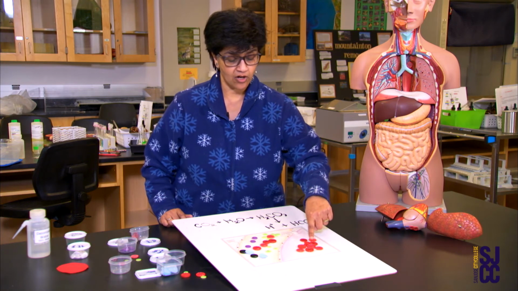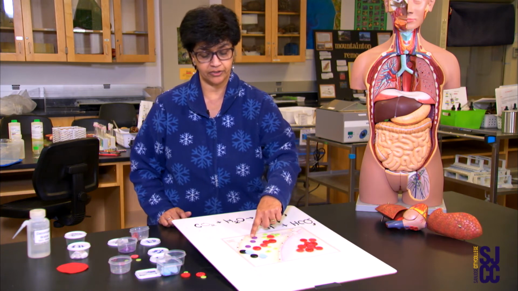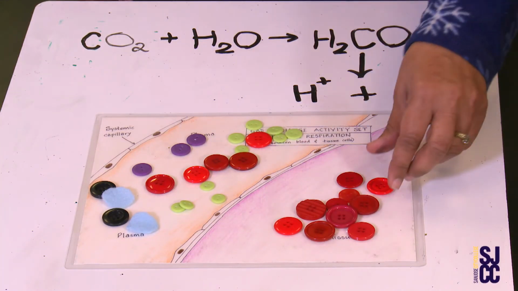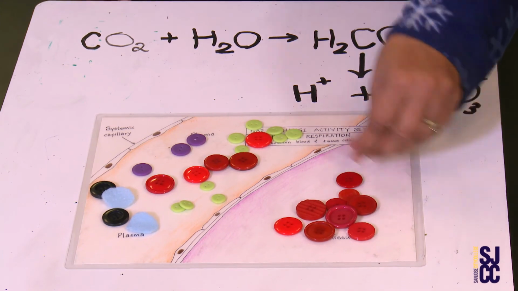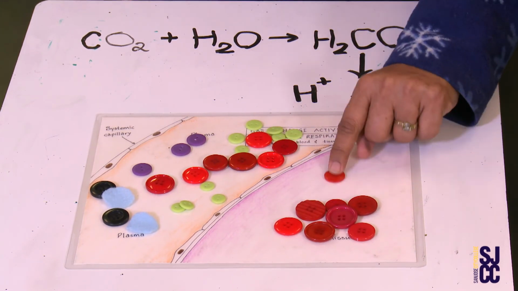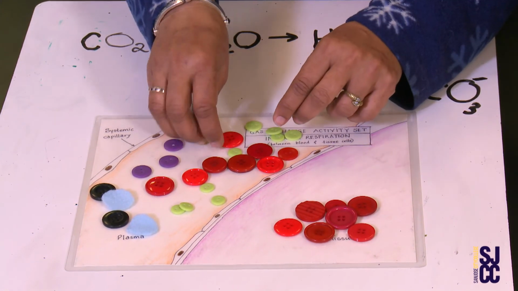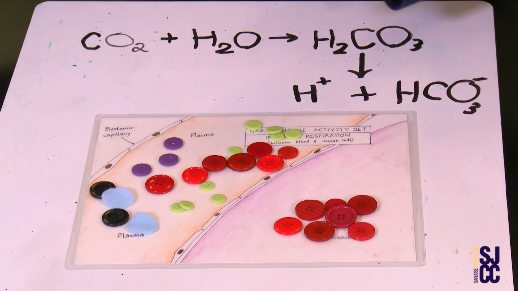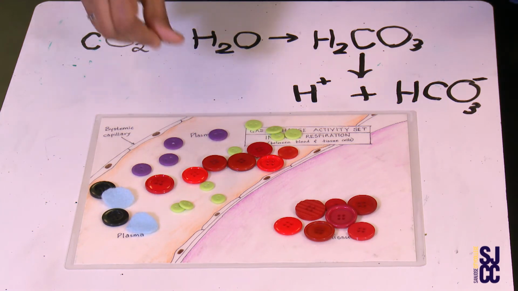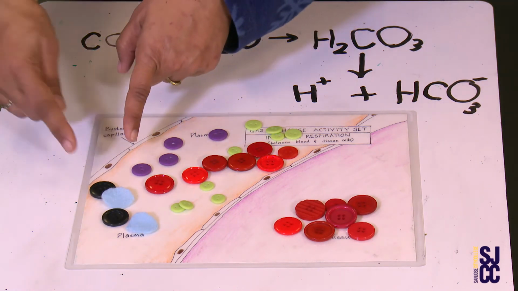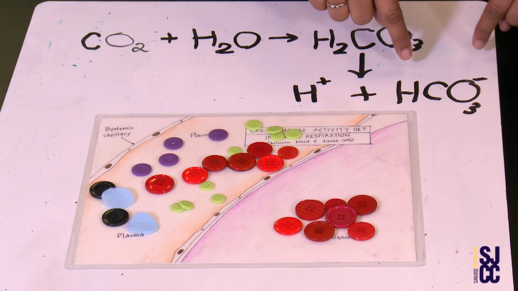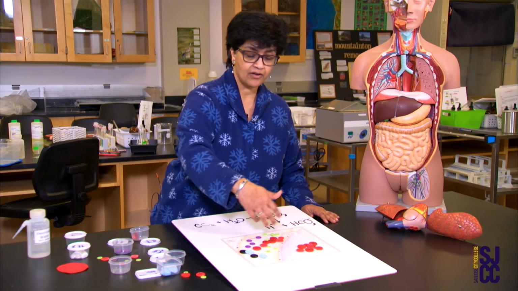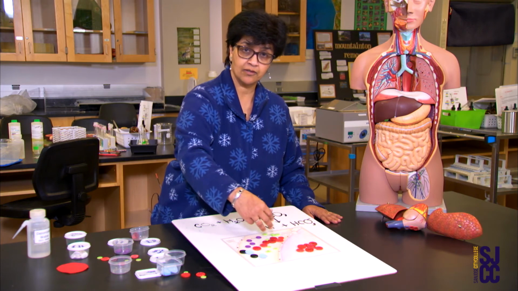And so I have a concentration gradient here, I have a concentration gradient here, so carbon dioxide will keep moving out, so more carbon dioxide will move out, more of that carbon dioxide will become carbonic acid, and then carbonic acid will keep converting to H plus and HCO3 minus. And because of this, a lot of the carbon dioxide will get removed from the blood.